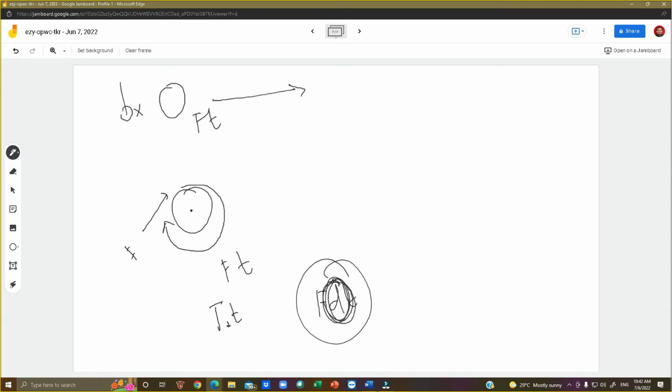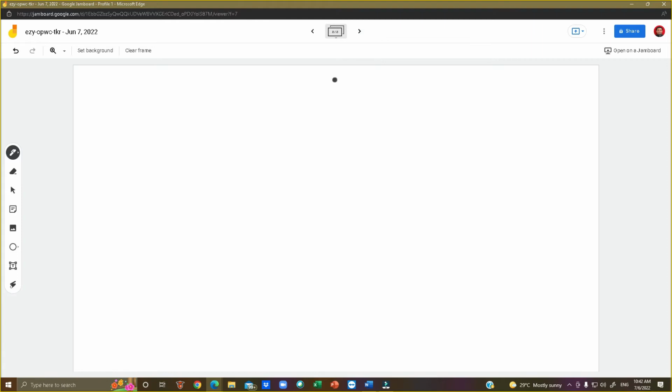Sekejap saya tengok satu contoh lagi. This one is angular momentum. Okay, velocity, the moment of inertia. Okay, yang ni dah sudah. Alright, we go to an example of momentum. Okay, let's see. Alright, so principle of angular momentum.